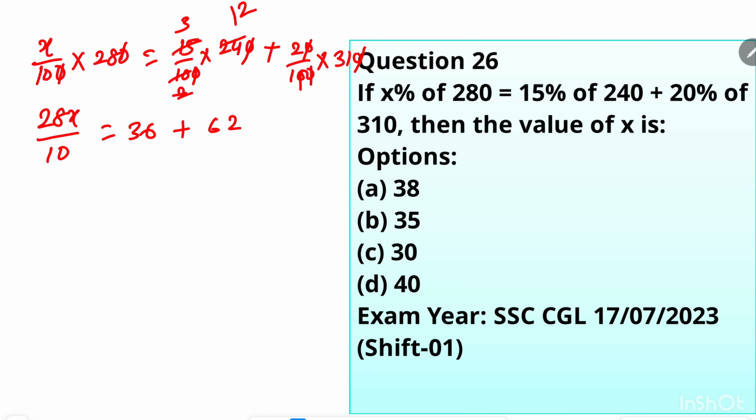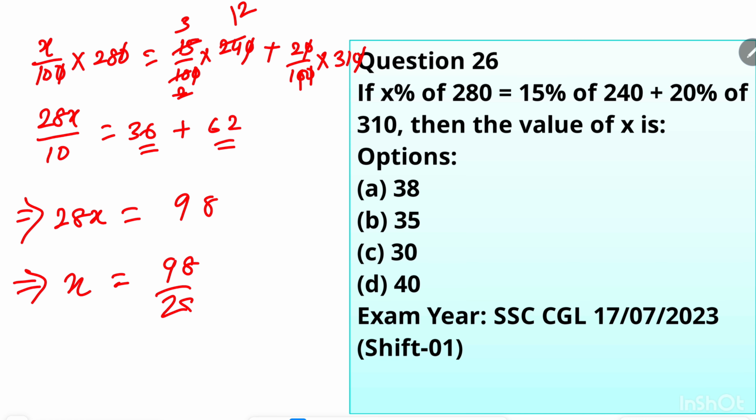Now further you have to solve 28x and 36. If you add 36 with 62, how much will it be? 8 and 9, 98 you will get, right?